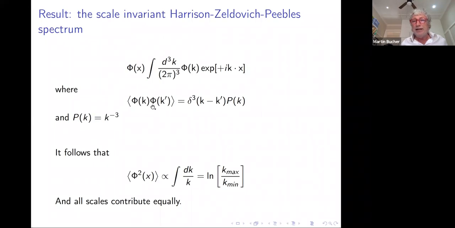You get, this is a definition of the power spectrum. So these are 3 vectors. And if you want there to be no scale, then you want this integral to be logarithmically divergent.